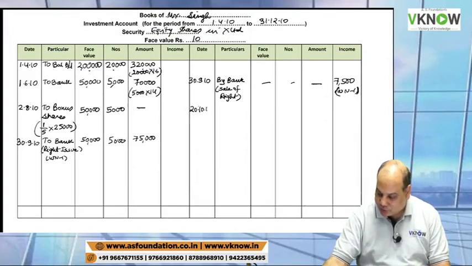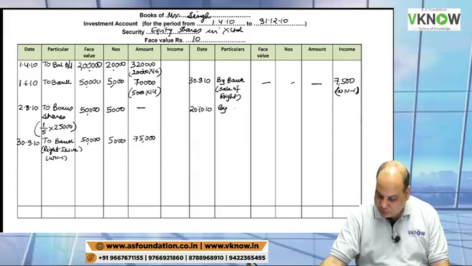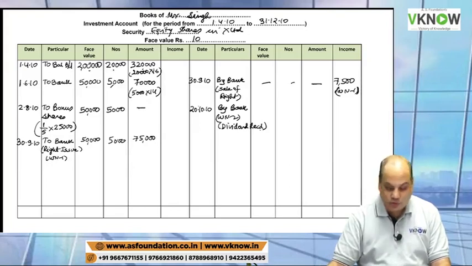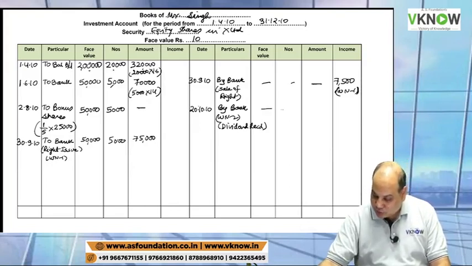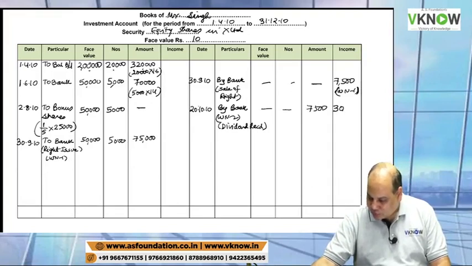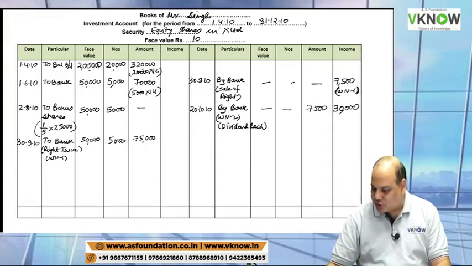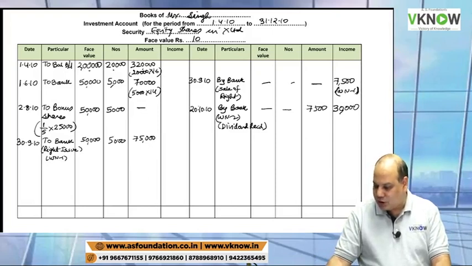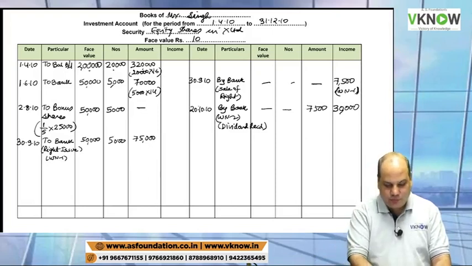Question is in front of you. Quickly write down by bank, working note 2, dividend received. So in the amount column 7,500, that is out of pre-acquisition, and in the income column 30,000.